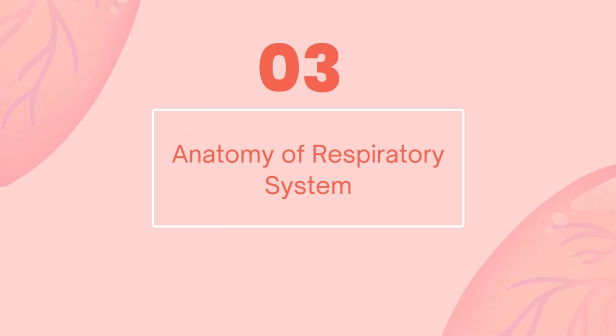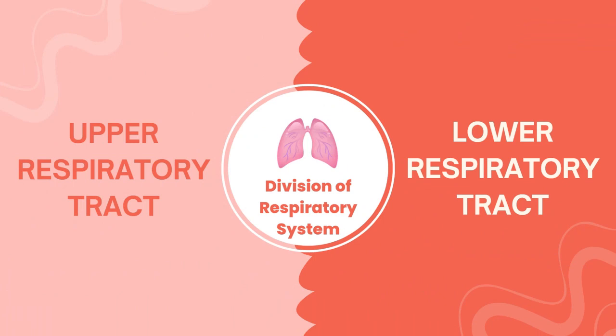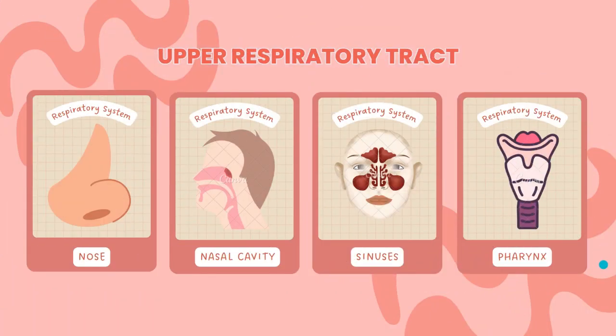Anatomy of respiratory system. Respiratory system is divided into two, the upper respiratory tract and lower respiratory tract. Upper respiratory tract. The major passages and structures of the upper respiratory tract include the nose or nostrils, nasal cavity, throat or pharynx, and sinuses.